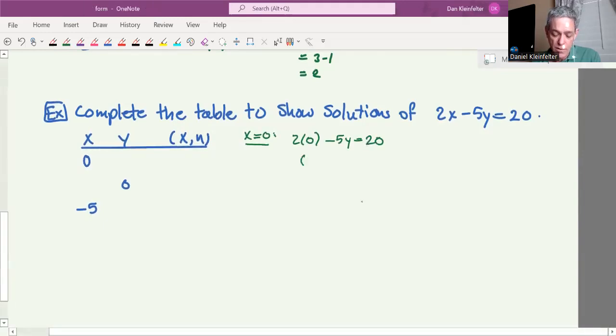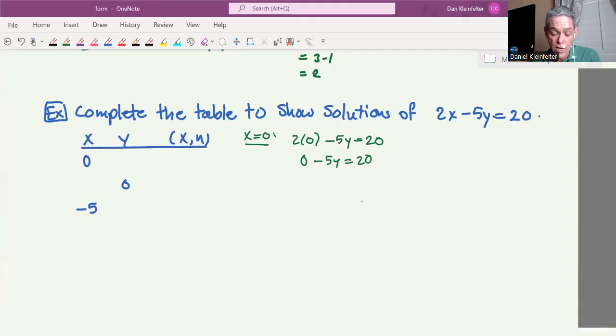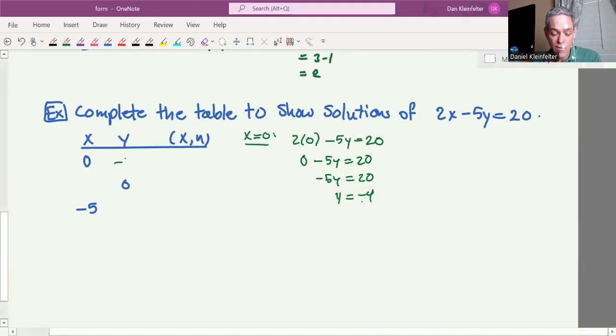Okay, 2 times 0 is 0. So it's lucky that you've practiced solving equations in one variable up to this point, because we're going to be doing that a lot. So here y is equal to negative 4, and so our pair is 0, negative 4.